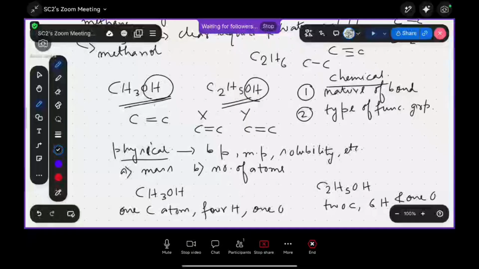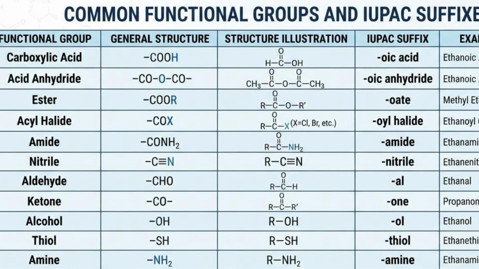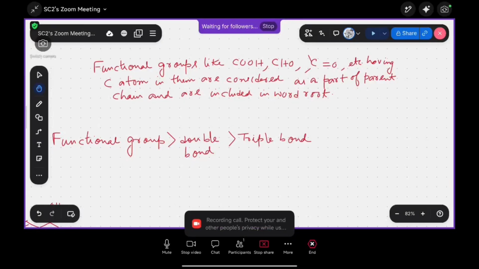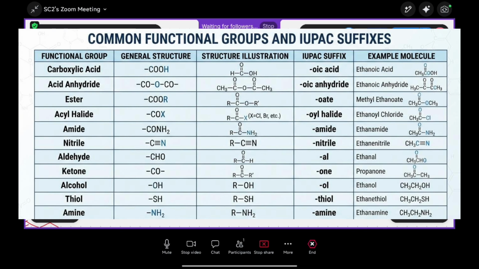Now let's come back to the functional group. What are the various suffixes we use for the various functional groups? I have already taught you what functional groups are, and I have also displayed an image on the screen where the different suffixes for each functional group are shown. For example, we use oic acid whenever we have the COOH functional group, the carboxylic acid functional group.